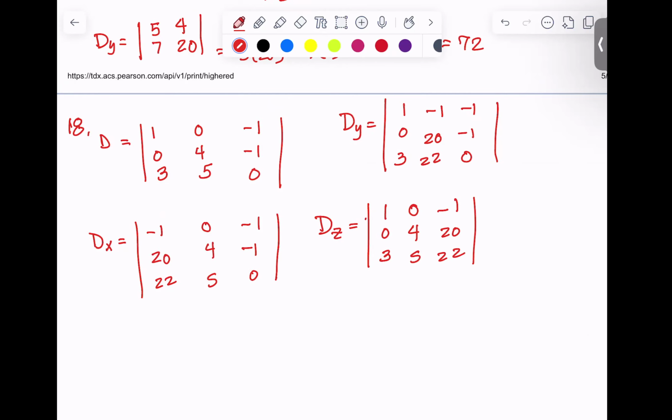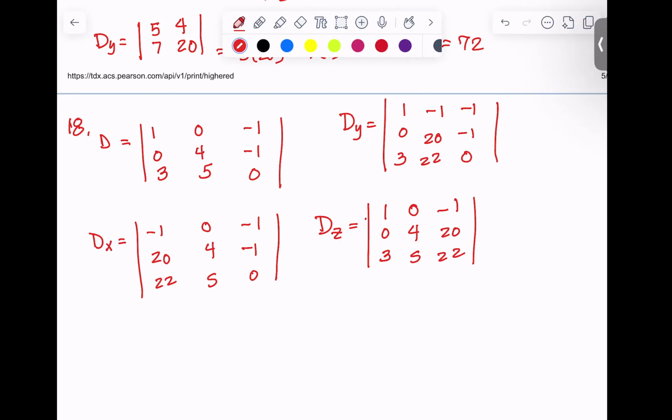D sub y should be 1, 0, 3, 0, -1, 20, 22, correct, -1, -1, 0. That looks good. And D sub z should be 1, 0, 3, 0, 4, 5, and -1, 20, 22. So I think I'm good to go put these in my calculator.